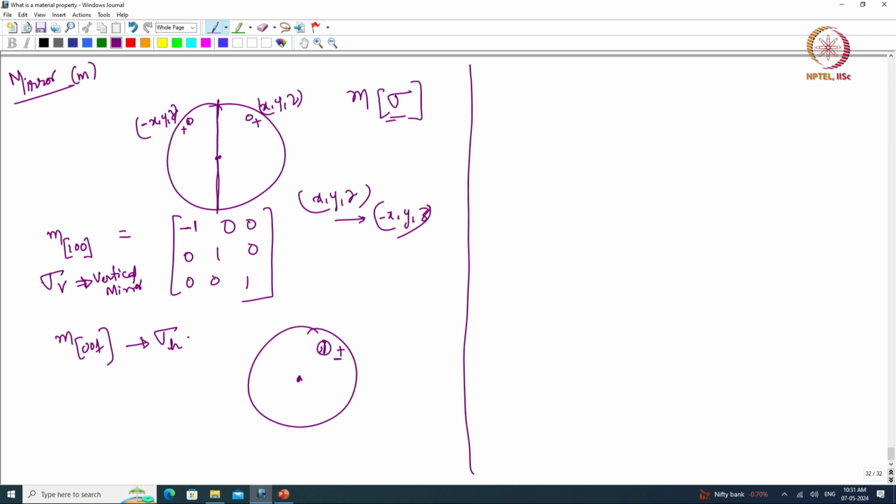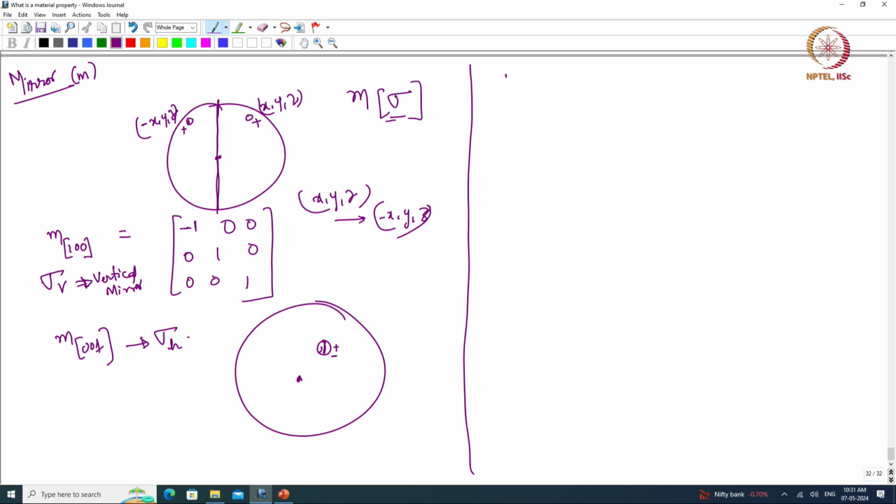So, I have both plus and minus. This asymmetric object is both above the plane and below the plane. Above the plane I have a chirality which is right handed, below the plane I have a chirality which is left handed. So, that is how you read these sort of stereograms. That is a horizontal mirror.